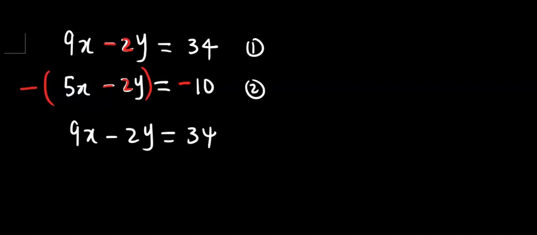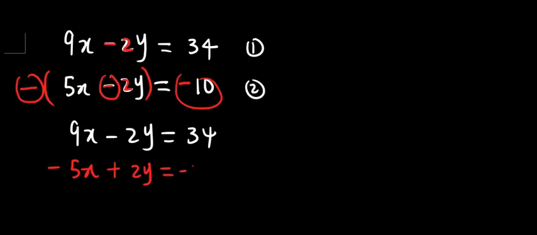I'm going to minus the second one. Minus 5x. You see here? Minus gives me plus. And copy down this one. Minus 10. When you get really good at this, you don't have to write this down two times. You can immediately do the sign change.